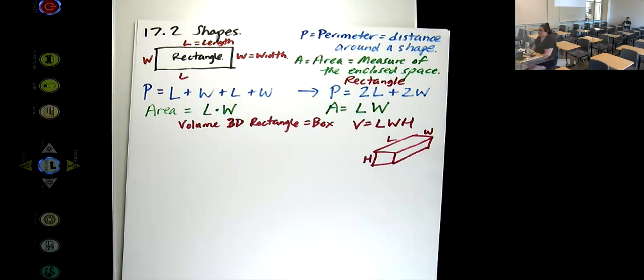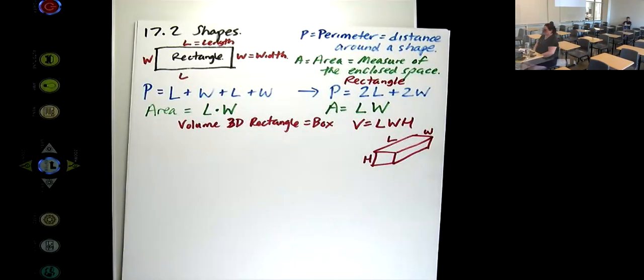When do you use the pi on the circle? That's coming up in 17.3. It's coming up. Circle is the one shape we're not doing in 17.2. Circle is its own special thing, but it is coming. What is a rectangle that has equal sides?